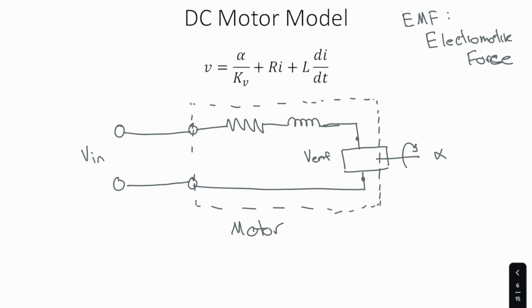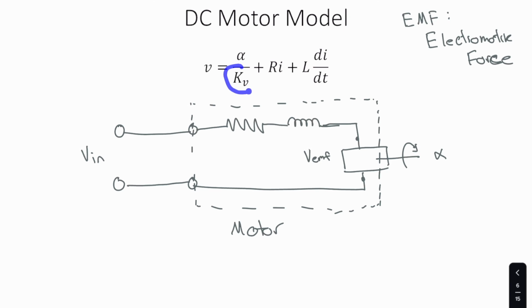Increasing the voltage should increase the angular rate, but depending on how many coils of wire you have, you'll increase the inductance, and you'll also increase the resistance. So an increase here will have a proportional increase on the right-hand side, but not all of that increase is seen as a change in the angular rate. Instead, an increase here will increase the inductance, which doesn't directly increase the angular rate. So it's not a one-to-one mapping, essentially.